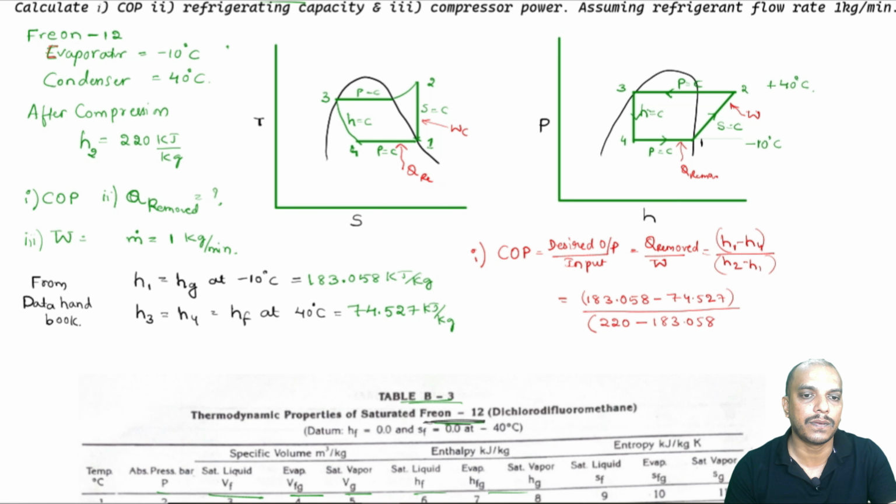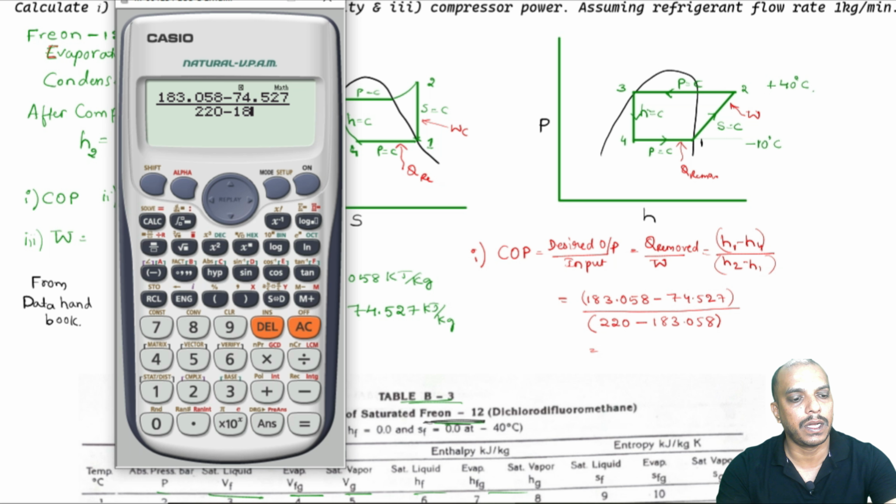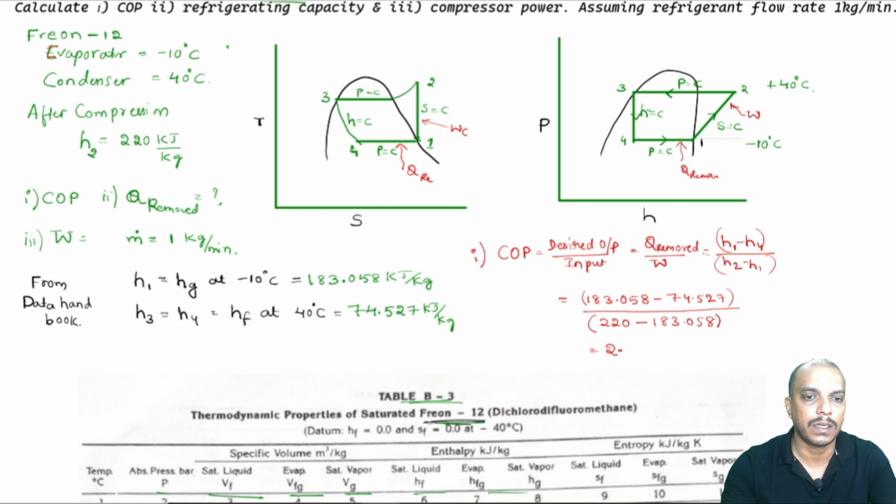We know the range of COP has to be between like 1 to 6. Let us calculate this: 183.058 minus 74.527 divided by 220 minus 183.058. That will be 2.93. So, COP of this plant is 2.93.